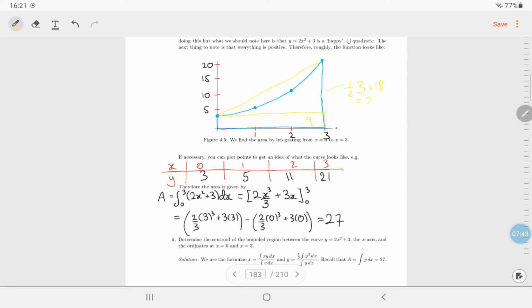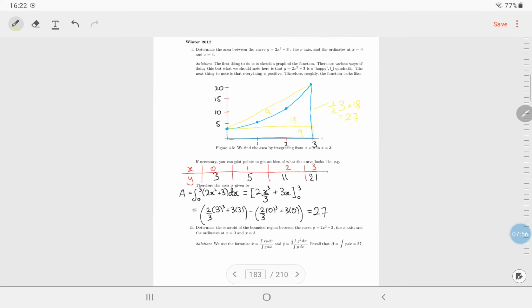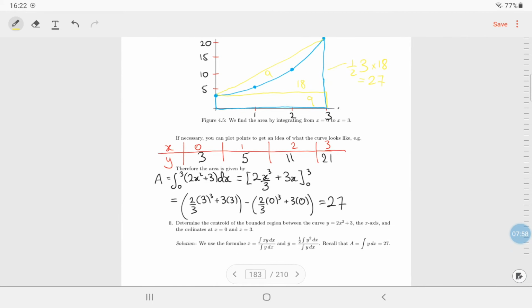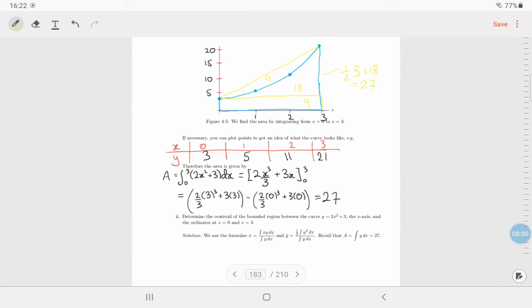So the area under the big yellow thing is 36. That means there's 9 in here, by the way. So it's 9, 18, 9. That's not important, actually. I'm just trying to remember that integration is giving you area. So if you can approximate the area, you can approximate the integral.